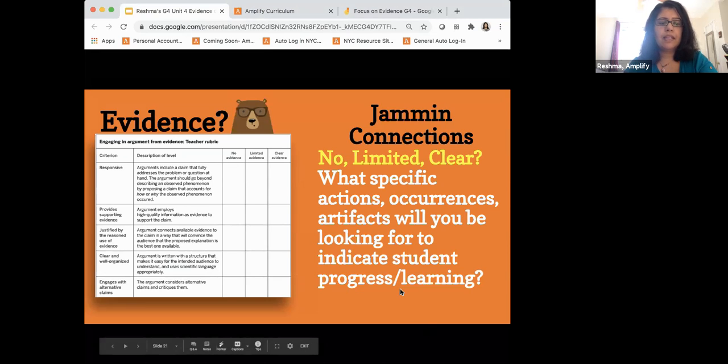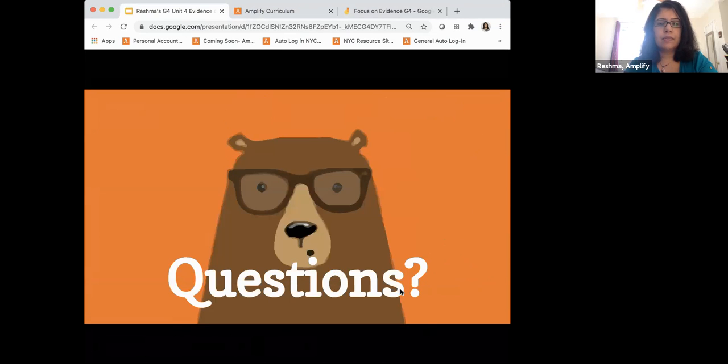For this exercise, please keep in mind these are downloadable and adaptable. We'll pause to see if there are any questions.